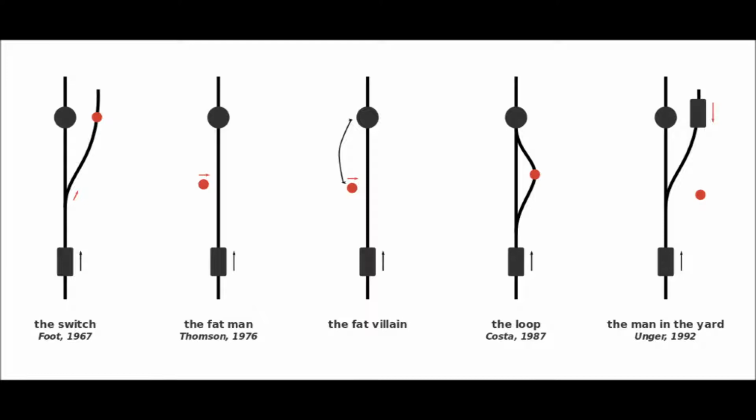Another way to look at it is that the ends don't justify the means, in the sense that killing one person doesn't make it okay. Saving 5 people doesn't make it okay to kill one person. That's one approach to that.